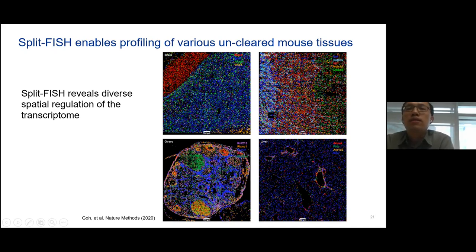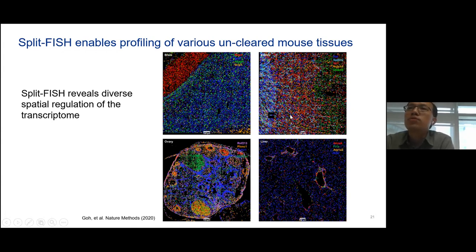And we think that the RNA counting is also accurate because we compared it to bulk RNA sequencing, and the counts all correlated well to the different tissue types.